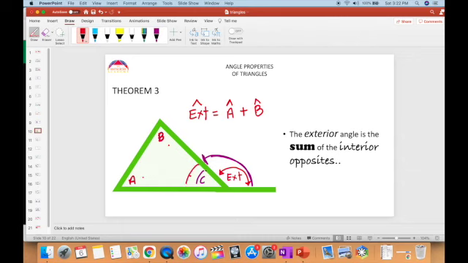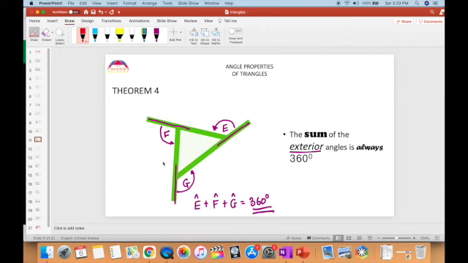So if I cut out the same C, then these two angles are going to be 180 minus the C, so therefore these two angles together is the same as this one outside here. We have theorem 4. The sum of all of the exterior angles will add up to 360 degrees.